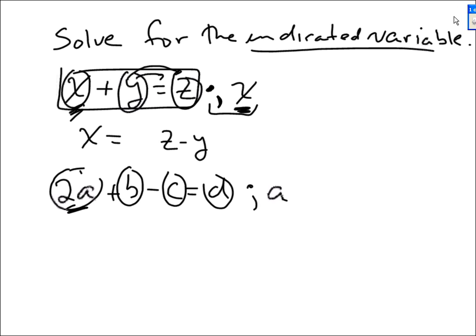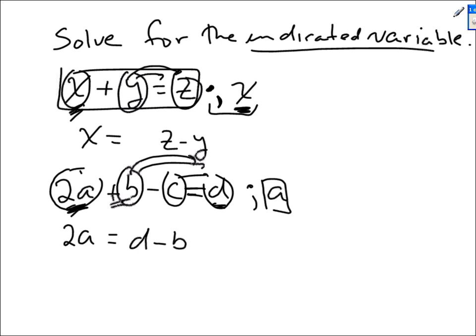That's the term that has good old a in it. Bring the other terms over. When you bring a term across the equal sign, change the sign. So 2a is equal to, the d stays as d, the positive b goes over as negative b, and the negative c crosses over as positive c.